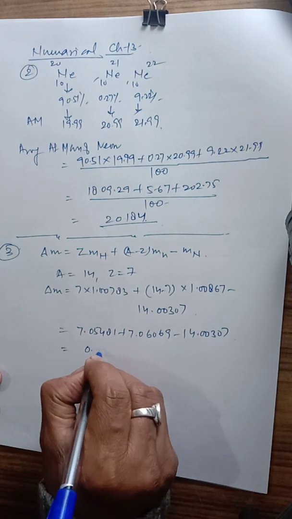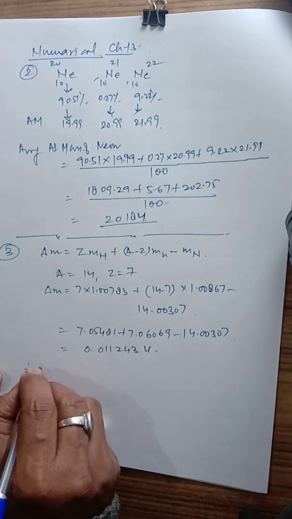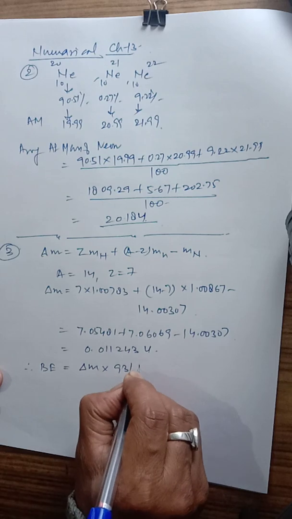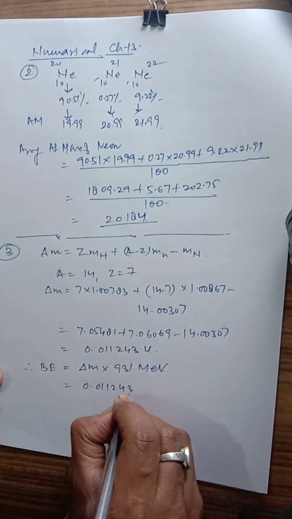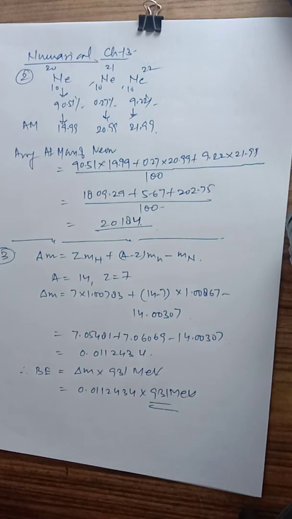It will give you 0.11243 unit. Then the binding energy is equal to delta M into 931 mega electron volt. So 0.112434 into 931, you can calculate and find out the answer.